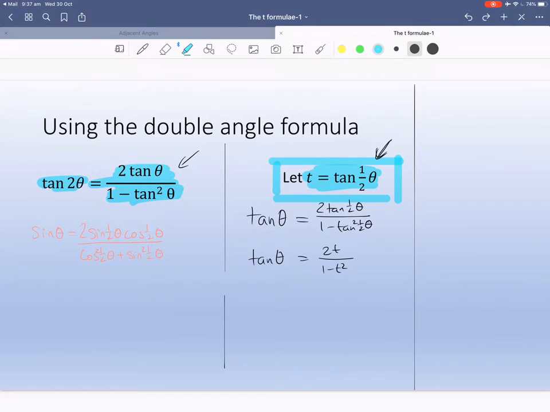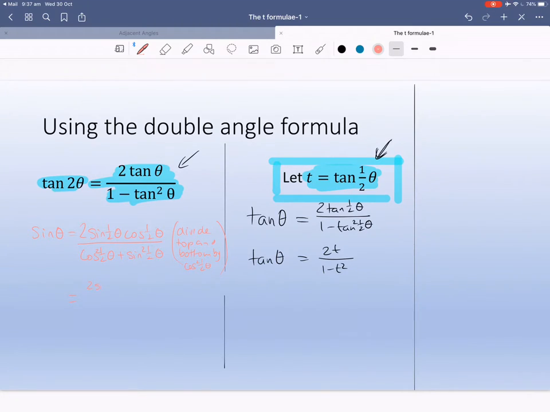Okay, so now what I'm going to do is divide top and bottom by cos squared half theta. So you need to follow carefully what I'm doing. I'm going to show you what I'm doing.